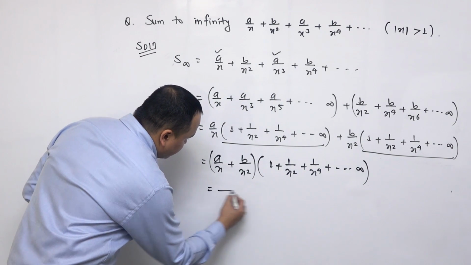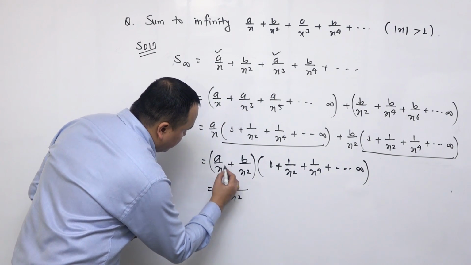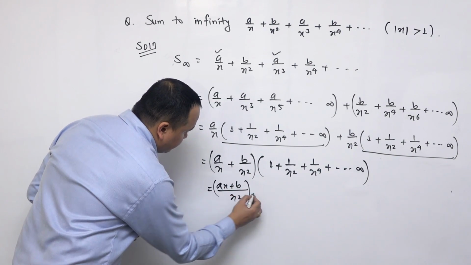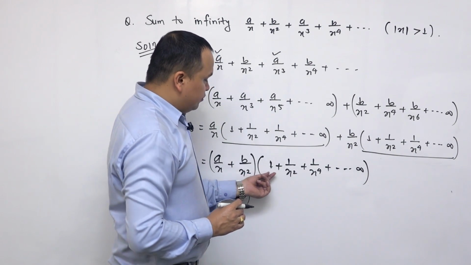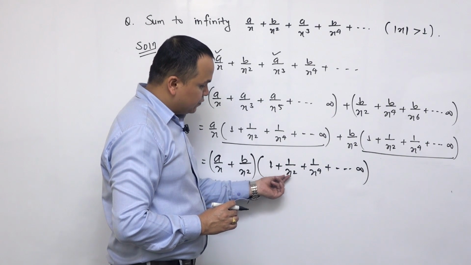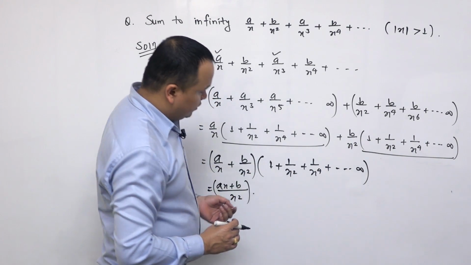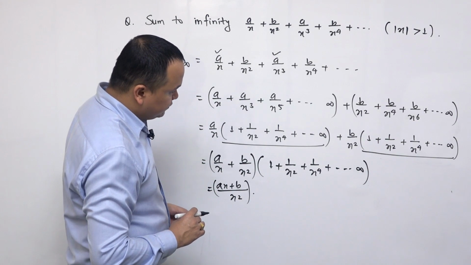Here LCM is x square and ax plus b. Here 1 plus 1 upon x square plus 1 upon x to the power 4 plus dot dot dot, which is infinite GS.